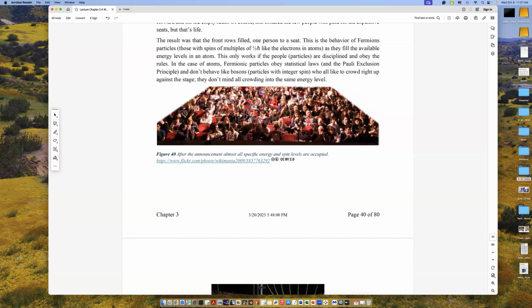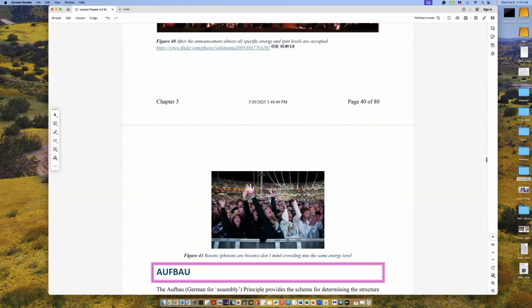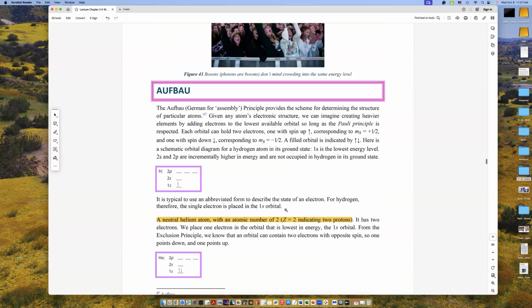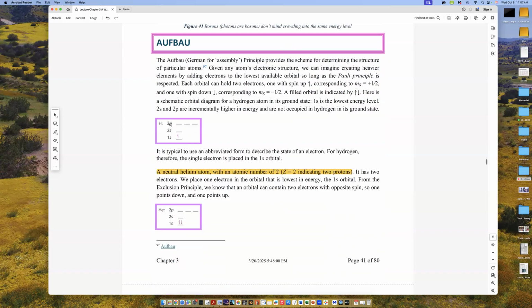There's room for one electron with its unique quantum numbers to occupy each space in an atom. And again, the Pauli exclusion principle does not allow this. So with that in mind, let's build some atoms. What I'm listing here are the energy shells.